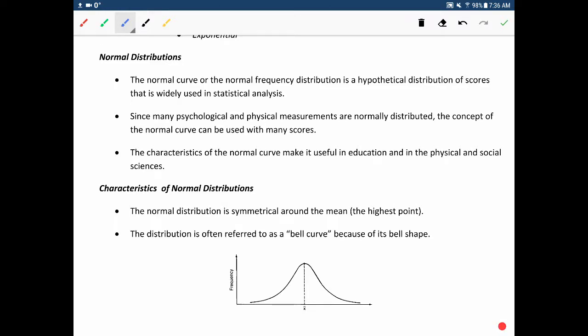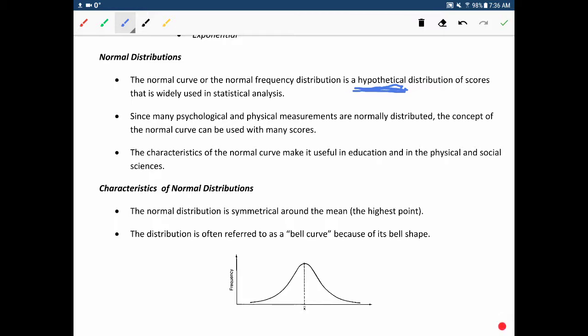And this is kind of your standard distribution that you see all over the place, and we often call it the bell curve, okay? So the normal curve, or normal frequency distribution, is a hypothetical distribution of scores that is widely used in statistical analysis. So what's important here is it is hypothetical, and what I mean by that is when you have a histogram, it's never going to be a perfect smooth line because, of course, it's made up of little bars, so it's going to be quite jagged.